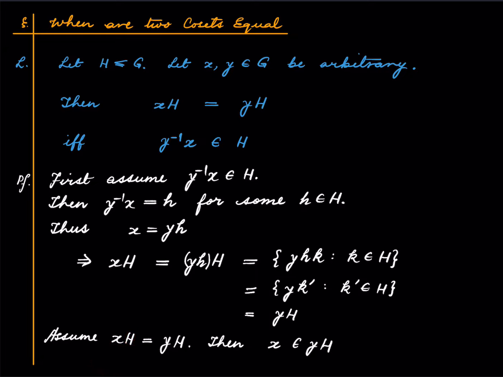So we have that, which implies x equals yh for some h, which gives us y inverse x equals h, and that's it. So that basically is saying that this guy is in capital H. So a very simple proposition, but it's a very useful proposition. And we'll just make use of it without even mentioning any such result. We'll get used to it in no time. Okay, so this is a criterion for deciding when two left cosets are equal.